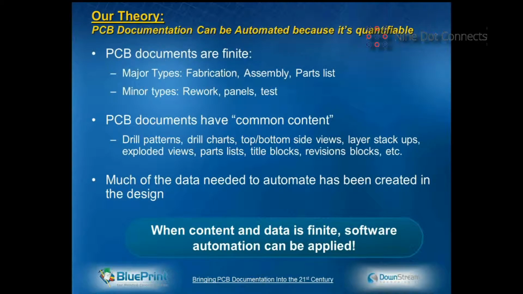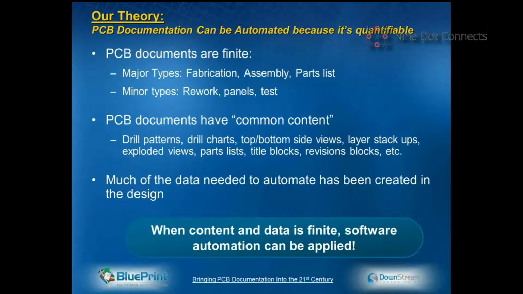Our theory, first of all, was that what we're trying to create is finite. Basically, we are creating fabrication and assembly drawings, parts lists, panel drawings, test drawings. And those drawings have common content: top side views, bottom side views, stack ups. Most of the information needed to create those views has already been created when we created the PCB design.